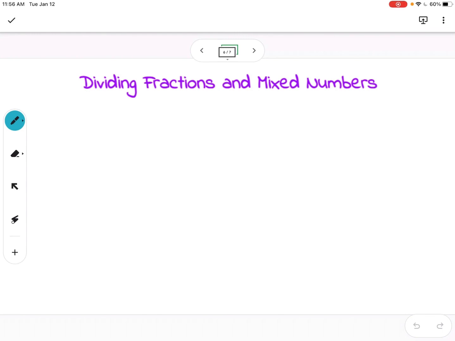So let's say we have the example of 2 1/4 divided by 3/8. Now we're still definitely going to use the process of keep, change, flip, but remember the first thing we have to do is convert this mixed number to an improper fraction, so we're going to do that right now.